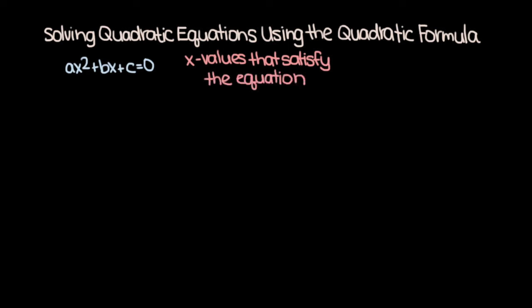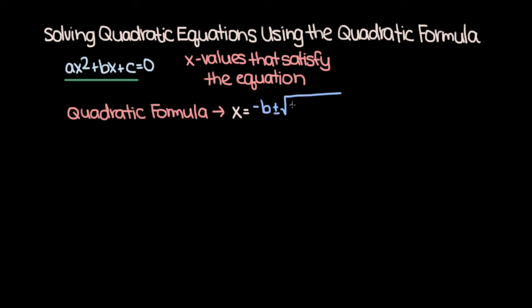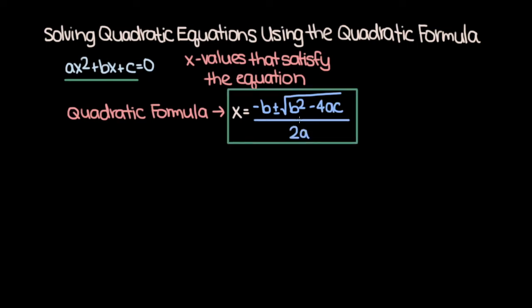So what the quadratic formula says is that the solutions of a given quadratic equation, that is, the x values that make the left-hand side of this equation equal to 0, can be found using the following formula: minus b plus or minus the square root of b squared minus 4ac all over 2a, where a, b, and c in this formula come from the general form of a quadratic equation.